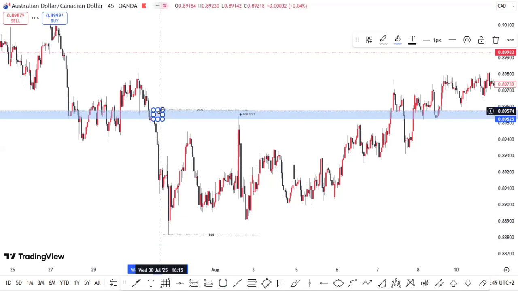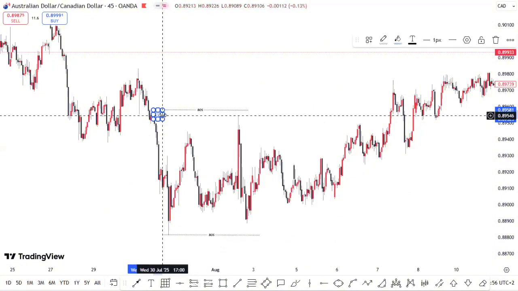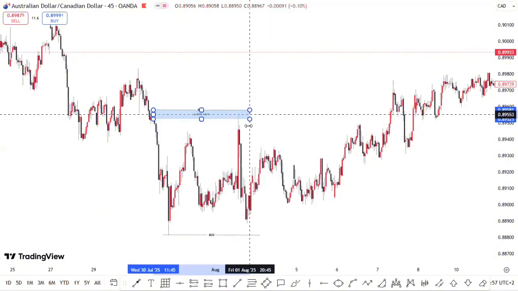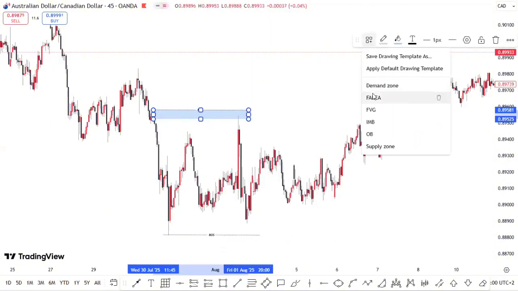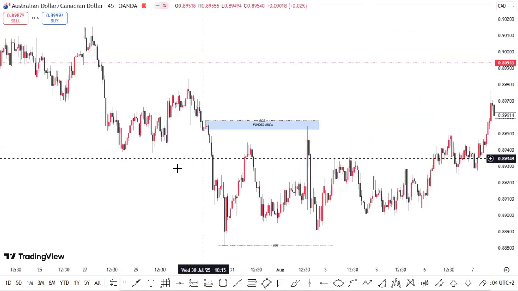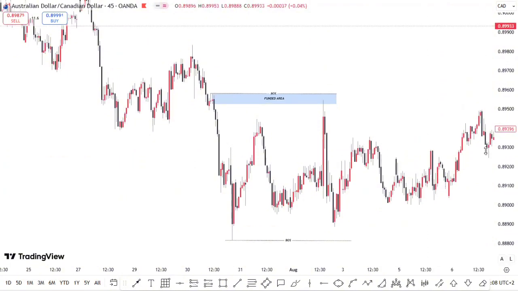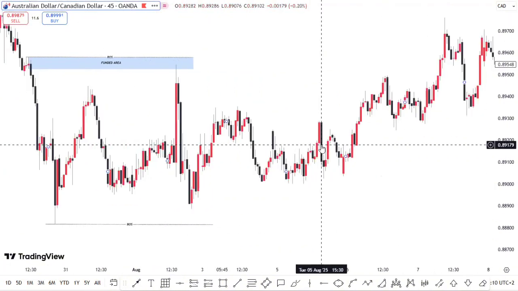So let me fix this one. Okay, so mark my last candlestick before the correction. Let me zoom here.